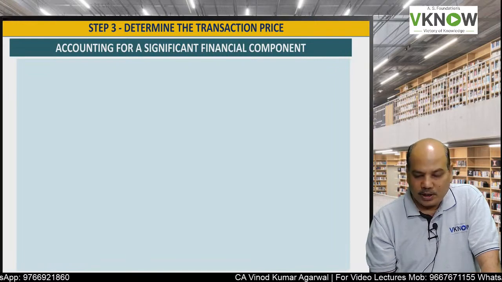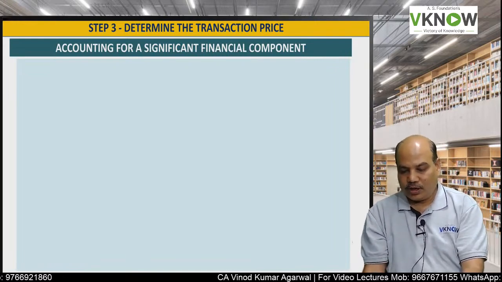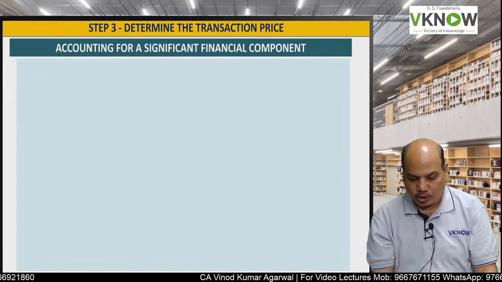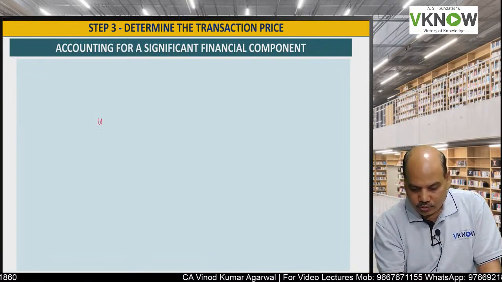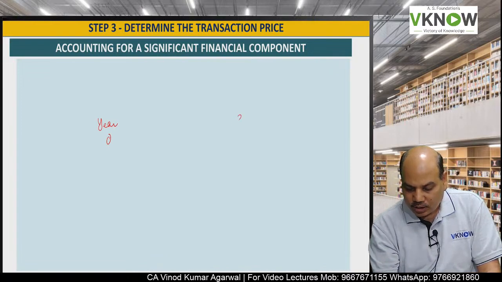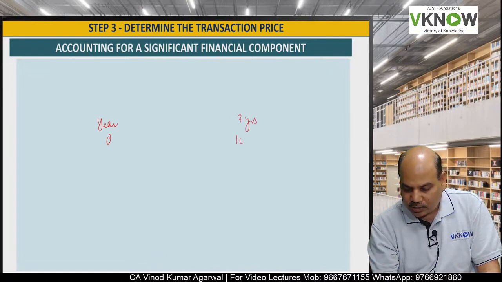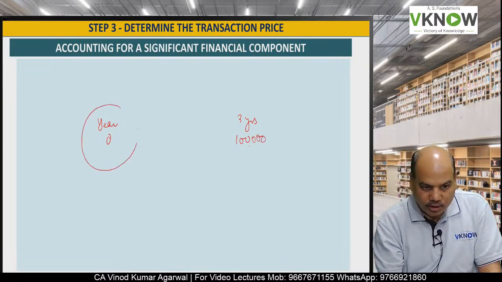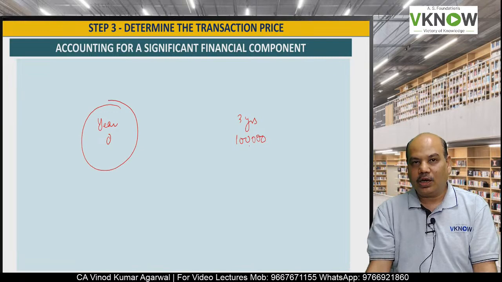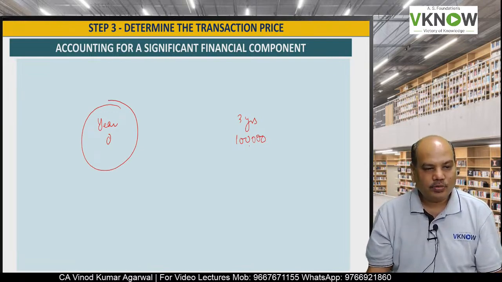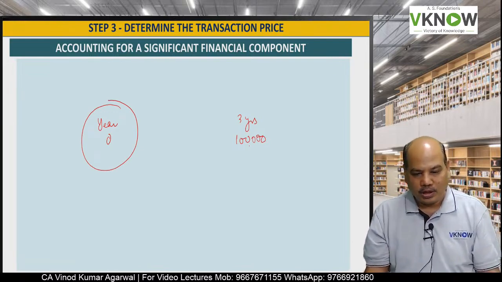Now I am going to explain significant financing component. Suppose this is year 0, goods are sold here and payment will be made after 3 years, 1 lakh. Will you recognize a revenue of 1 lakh today?